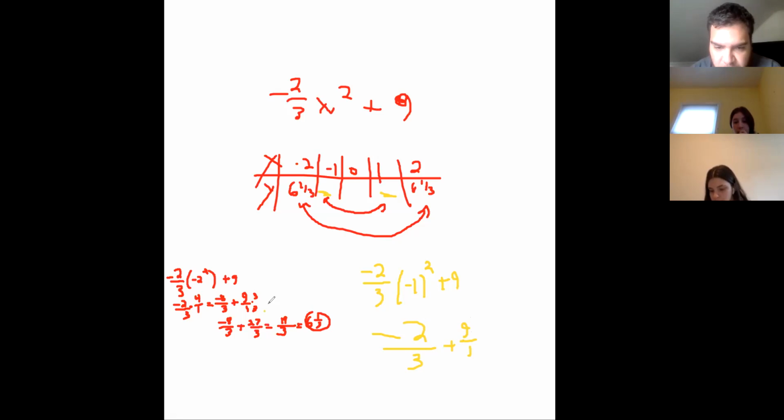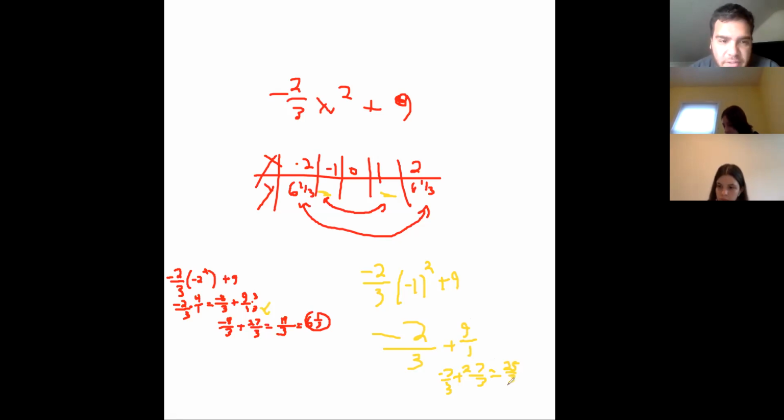So I know this is the same as 27 over 3 plus negative 2 over 3. Negative 2 plus 27 is the same thing as 27 minus 2. So that's 25 over 3.